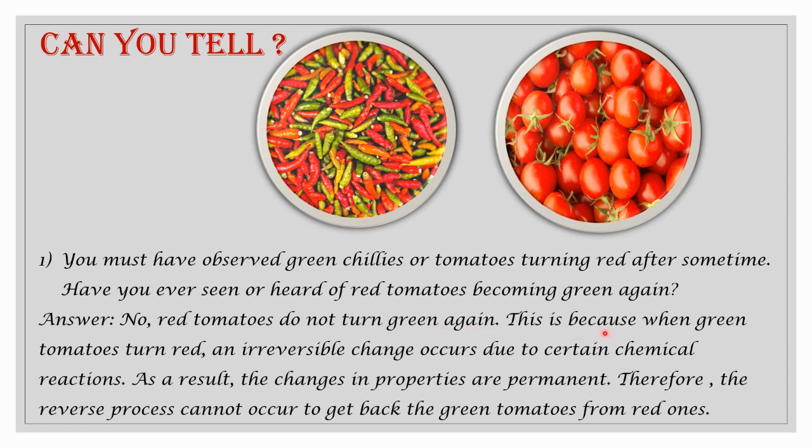This is because when green tomatoes turn red, an irreversible change occurs due to certain chemical reactions. As a result, the changes in properties are permanent. Therefore, the reverse process cannot occur to get back the green tomatoes from red ones.